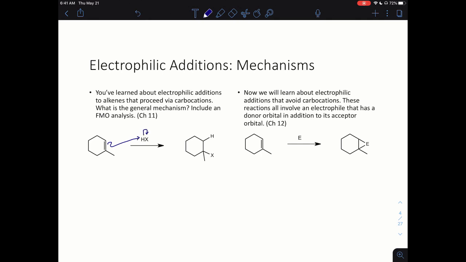So the first step of these electrophilic addition reactions that we've learned so far is the electrophile addition elementary step, where we have pi cc attacking sigma star hx. This generates a new CX bond. The CH bond is made to the less substituted of the two carbons of the alkene, because that generates the more substituted tertiary carbocation.